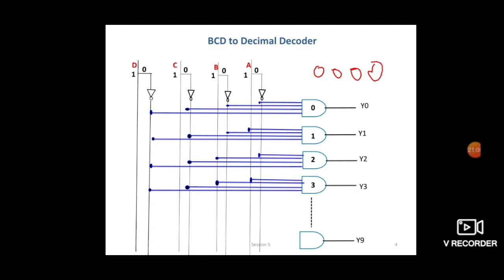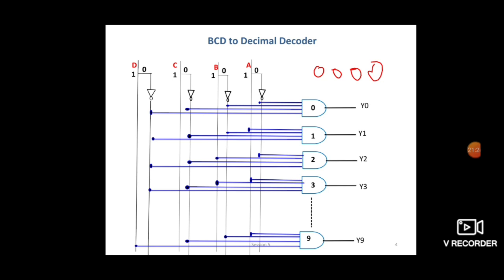And the same for 4 5 6 7 8 9. See, 9 is 1 0 0 1, so this line is connected to 1 and this line to 1, and these two lines are connected through NOT gates, because it is 1 0 0 1.